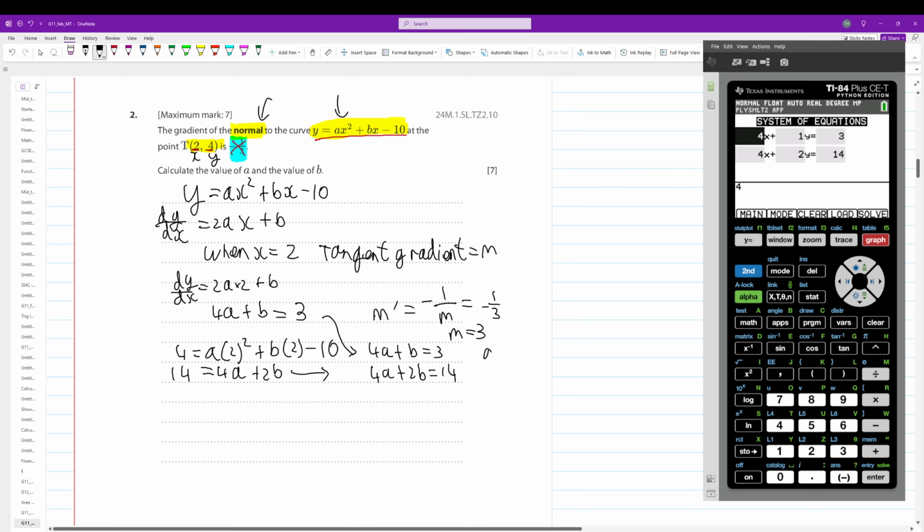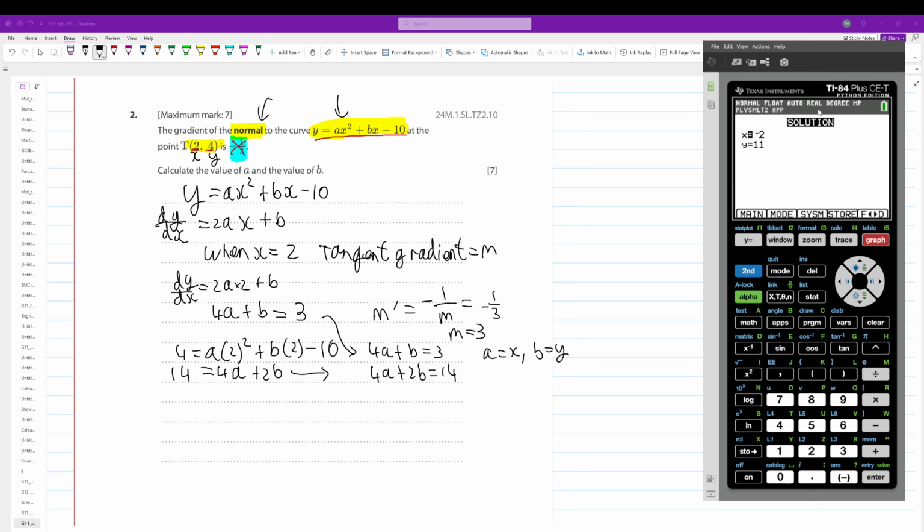I'm going to say that a is x and b is y. You can see that I've typed this in already. I hit solve. X is negative 2 and y is 11. So that means that a is negative 2 and b is positive 11.